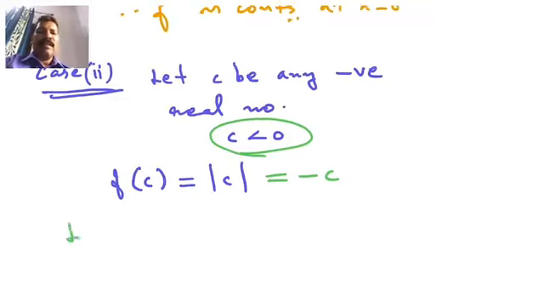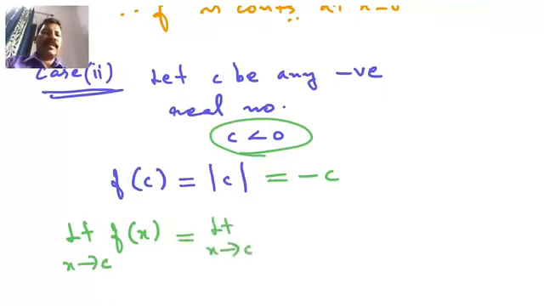Now what is the limit of the function f(x) as x tends to C? Here f(x) is negative x, because x is becoming C and C is negative.